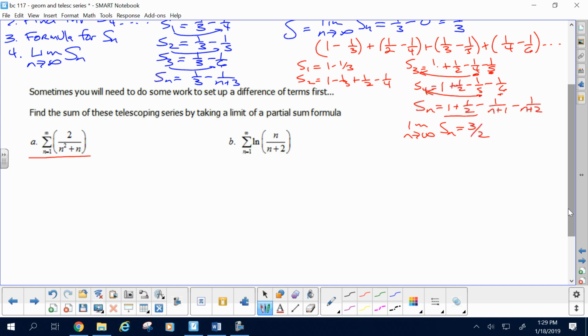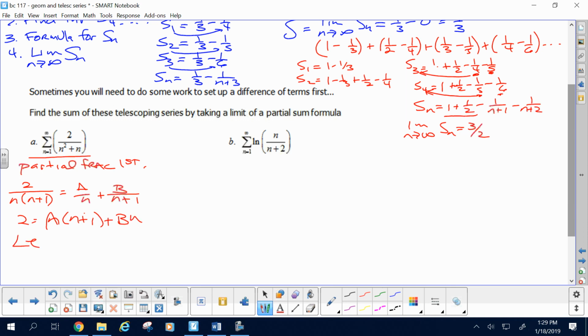I heard a lot of... How do I make a fraction like that into two fractions, added or subtracted? Partial fractions. All right, so 2 over n times n plus 1 equals a over n plus b over n plus 1. 2 equals a times n plus 1 plus b times n.